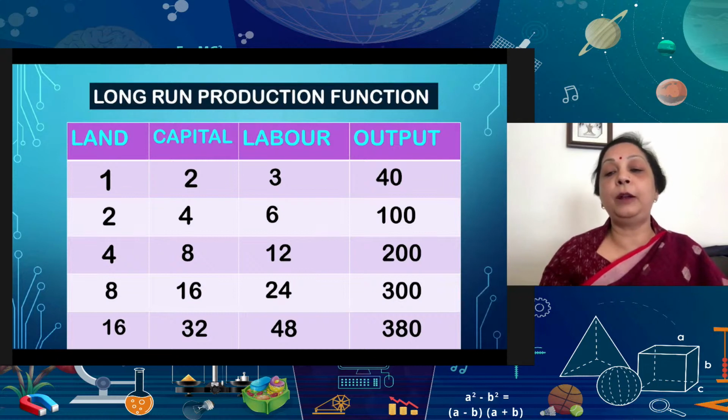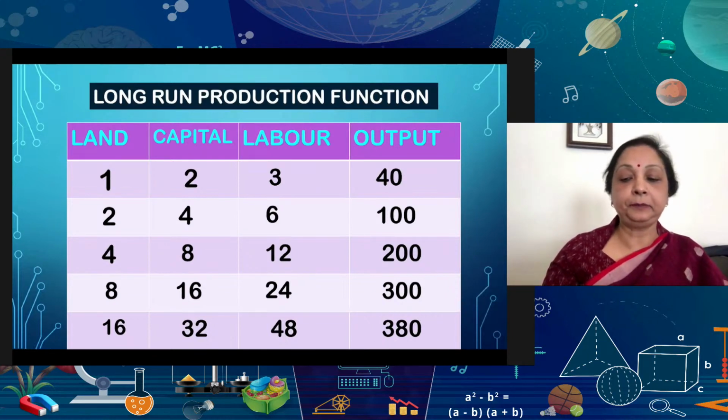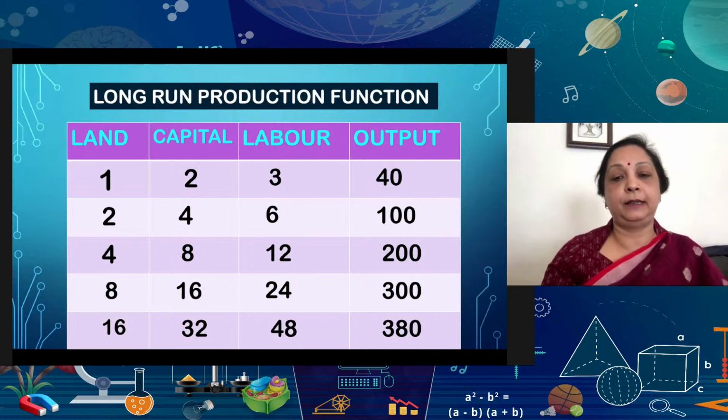So the firm will not produce 200 units, it will produce less than 200 units. So it depends on the firm, but this is the maximum output that can be produced. So for any given combination, there is one particular maximum output that the firm can choose to produce. If they're choosing this combination, this is the maximum they can produce. The firm can even choose to produce less than this. Now we move to short-run production function.